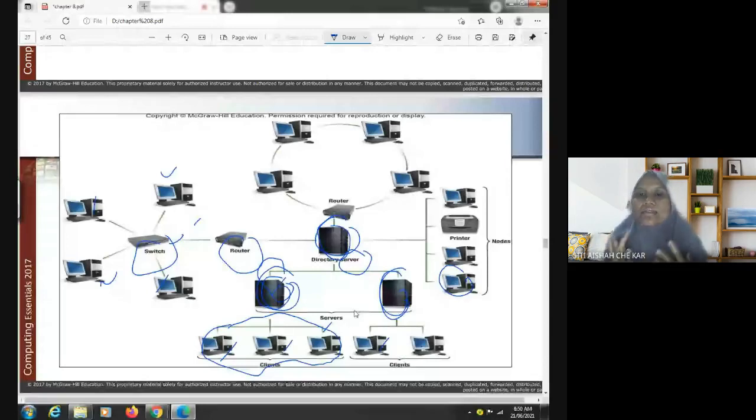So we need some mechanism to make the network work smoothly and so on. So that's the role played by the server.